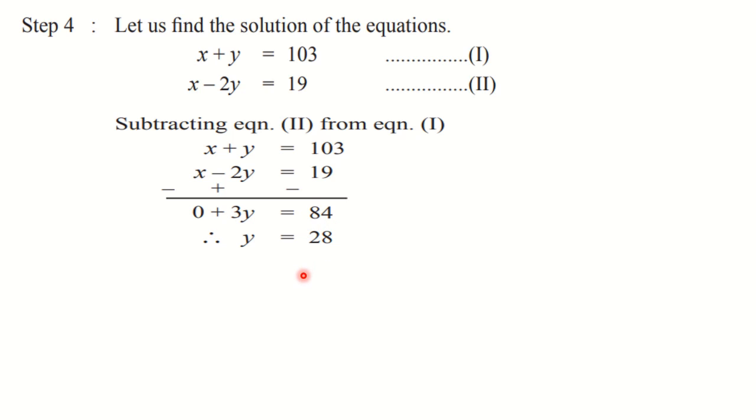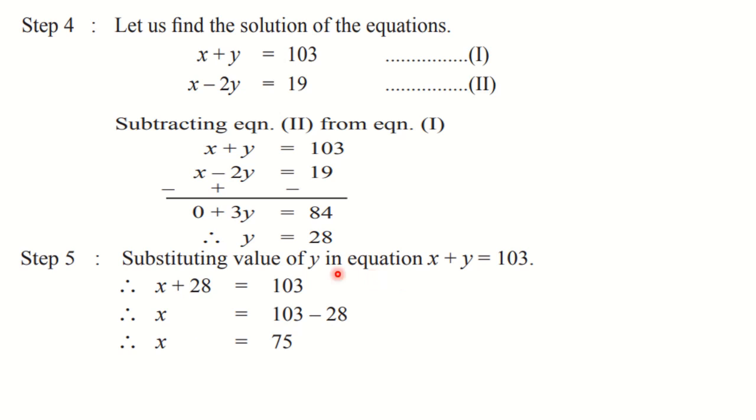Now this value we are going to substitute in any one equation. Equation number 1 is easy, so we are substituting in equation 1, that is x plus y is equal to 103. Y we are replacing by 28. So x plus 28 is equal to 103 and therefore x is equal to 103 minus 28, that is x is equal to 75.